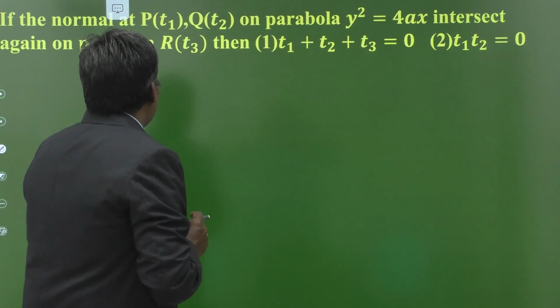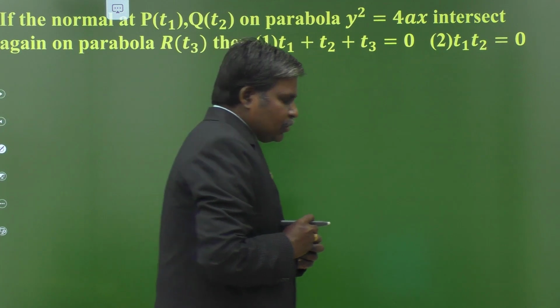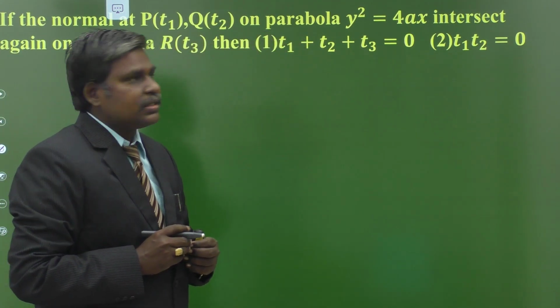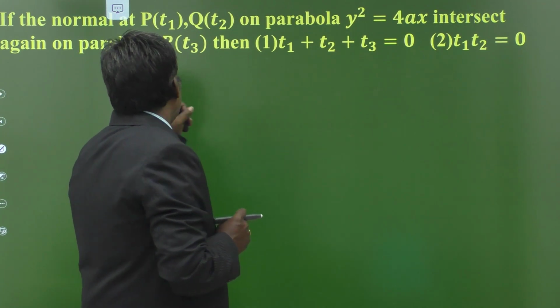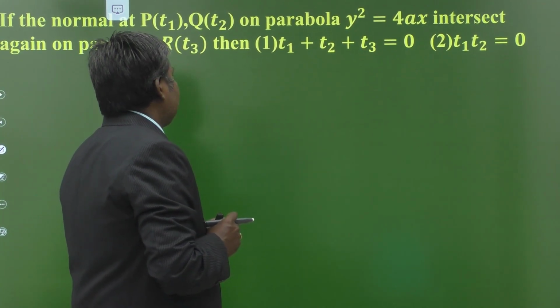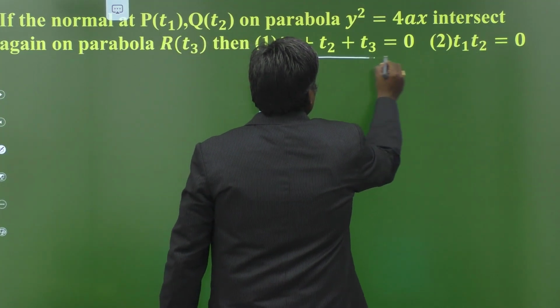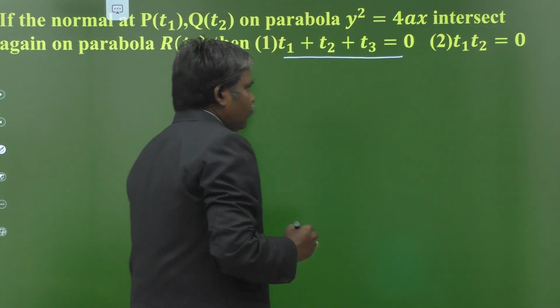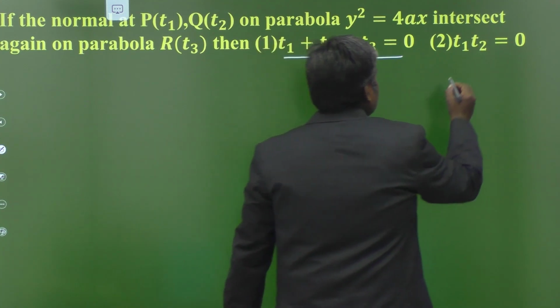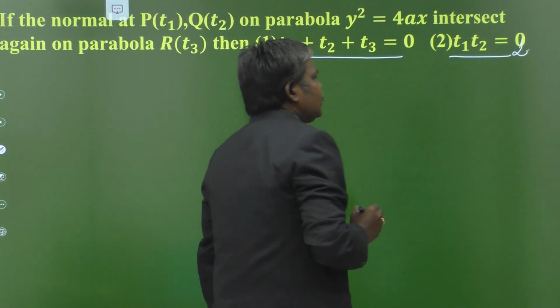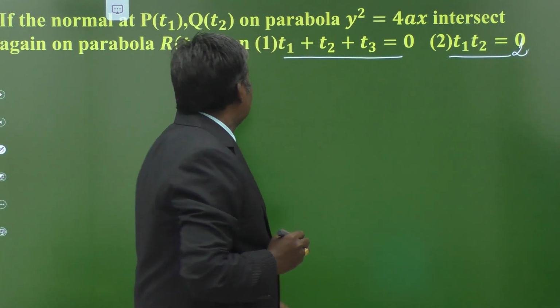See here, if the normals at P(t1) and Q(t2) on the parabola y^2 = 4ax intersect again on the parabola at R(t3), then the results are t1 + t2 + t3 is equal to 0 and t1 t2 is equal to 2, not 0, t1 t2 is equal to 2.